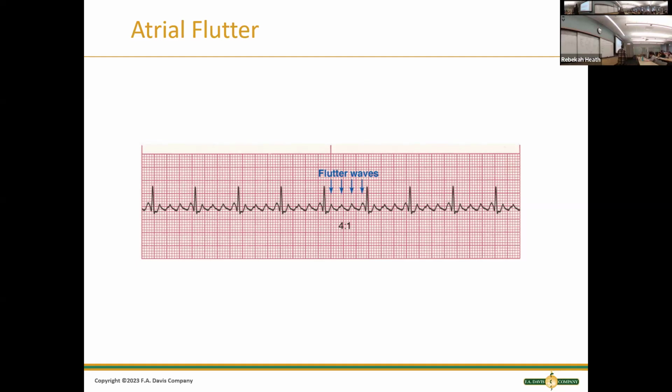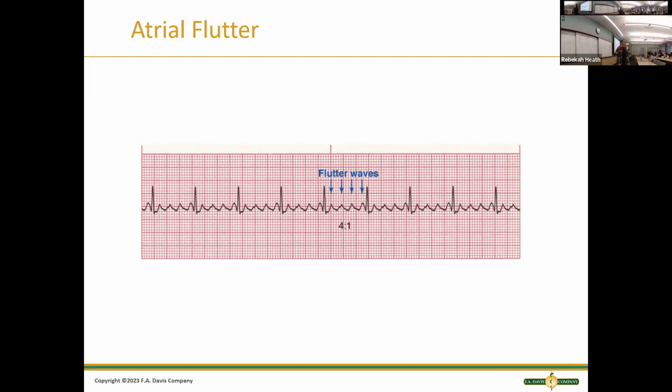Why? Because you have these beautiful sawtooth P waves that march along here. Sometimes it's called atrial flutter because they used to say it kind of looks like butterfly wings, but the P waves are very definitive. They're usually kind of peaked. And with atrial flutter, it's usually regular for the rhythm.